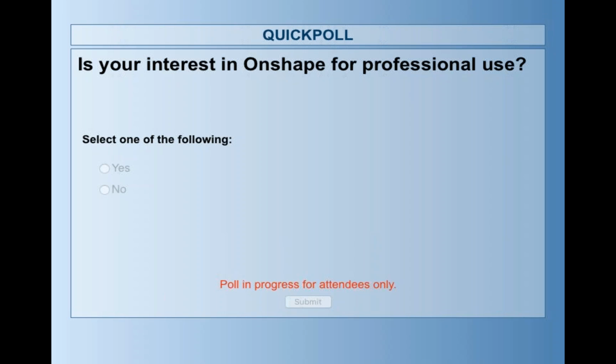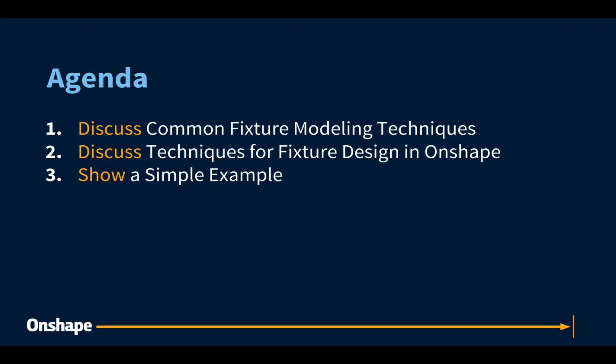So I'll give you just a moment. If you would answer that poll, I'll close it out in just a second. And it actually looks like we're pretty close, an even split. So 54% yes, using it for professional use, and 46% no, using it as a hobbyist. So that's great. That's a good balance between the two different types of users that we often see. So let's get into it.